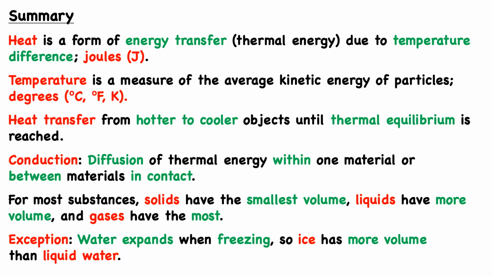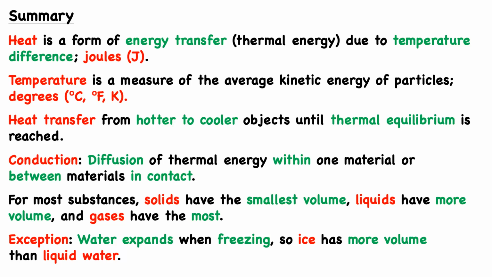Then we talked about the nature of heat transfer and some of the modes of heat transfer. And in general, we said that heat transfer occurs from hotter to cooler objects, and it does so until thermal equilibrium is achieved, until there's no longer a temperature difference. Now, there are several factors that will influence the rate that equilibrium is established, and the example we covered was surface area, where the larger the surface area, the more quickly the thermal equilibrium will be established.